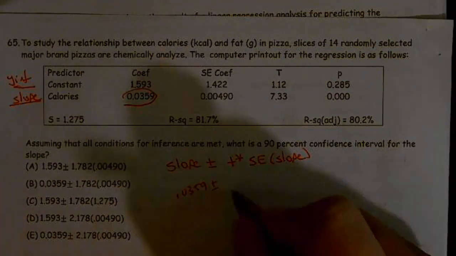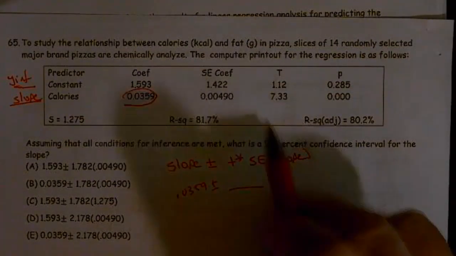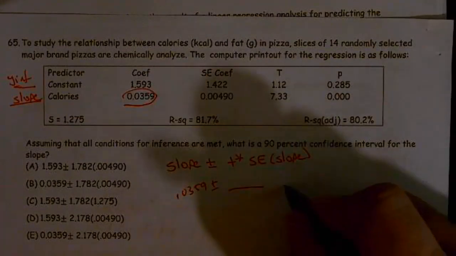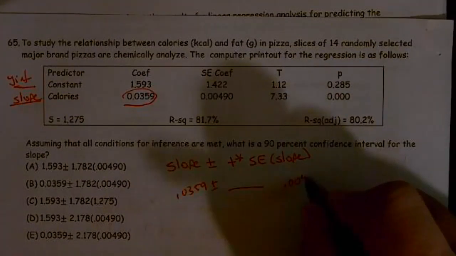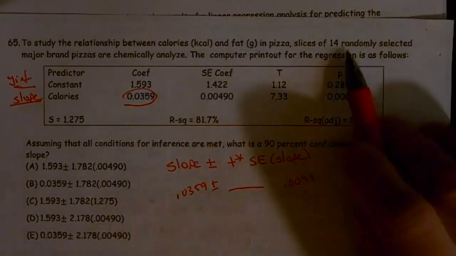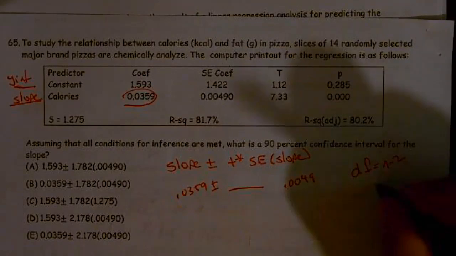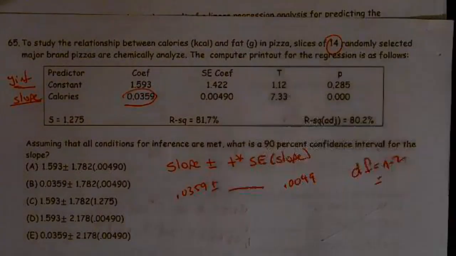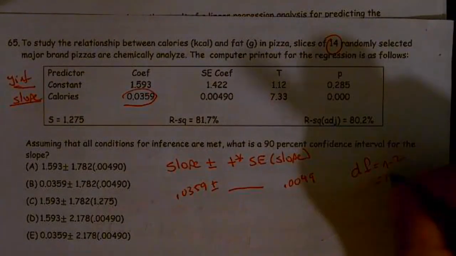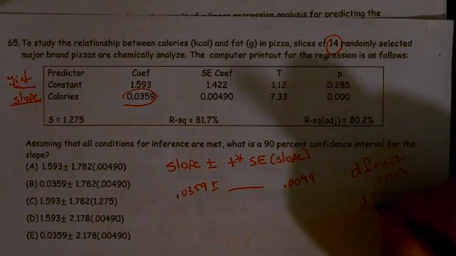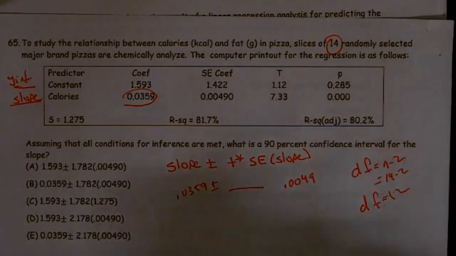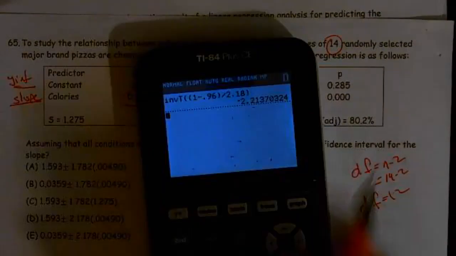0.0359 plus or minus. We'll come back to T star in just a moment. And my standard error is 0.0049. Now remember, for regression, degrees of freedom is n minus 2, and our sample size was 14. So 14 minus 2, our degrees of freedom are 12. So we need to do a 90%.